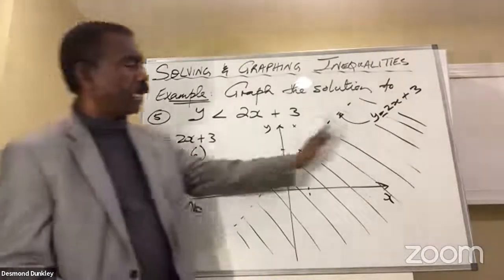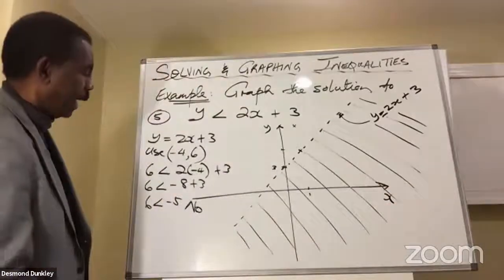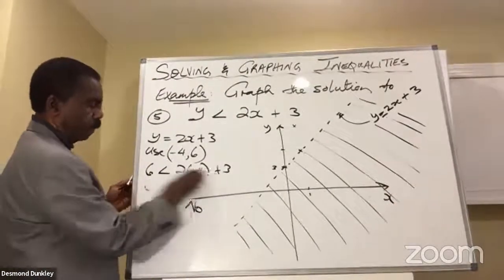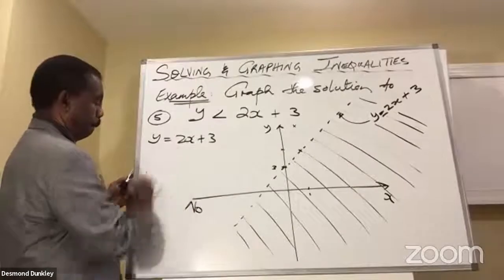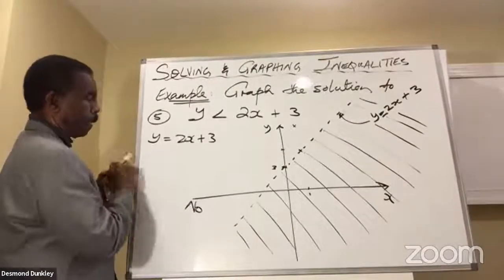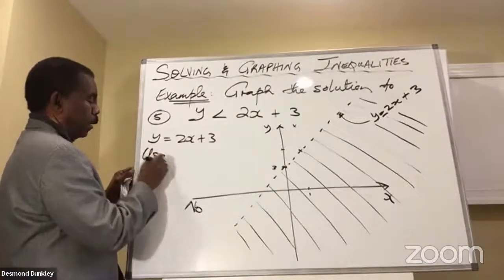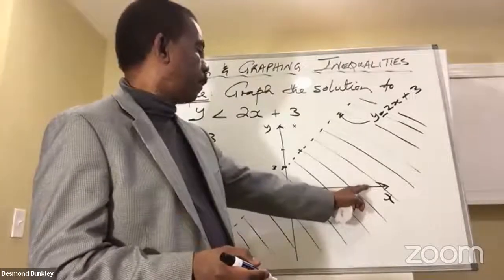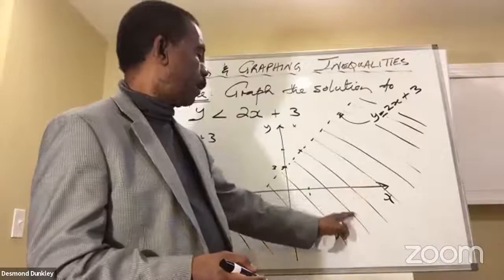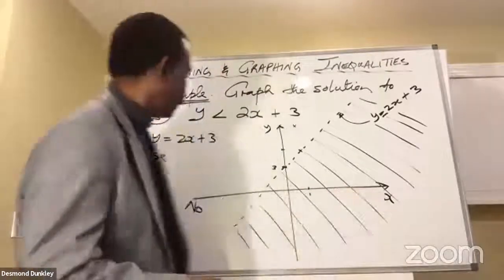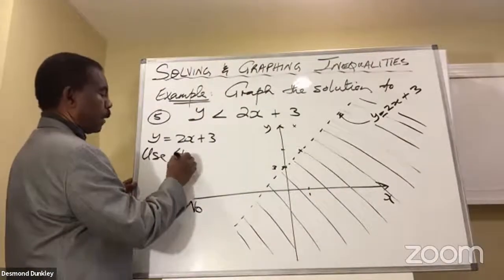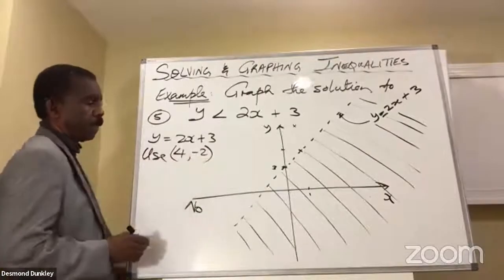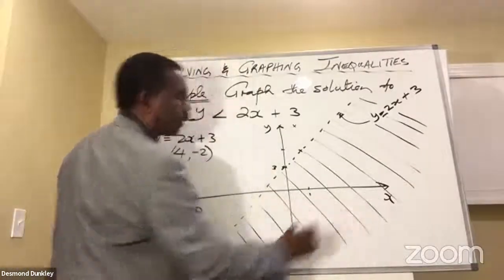So let's choose a point that is in the shaded area and see if that works. Let's go for 4, -2. 4 across and 2 down.